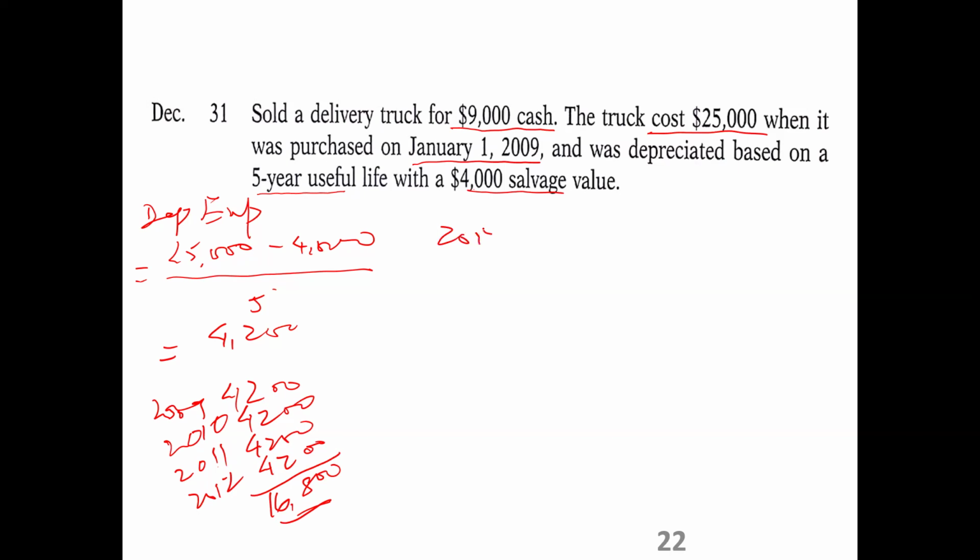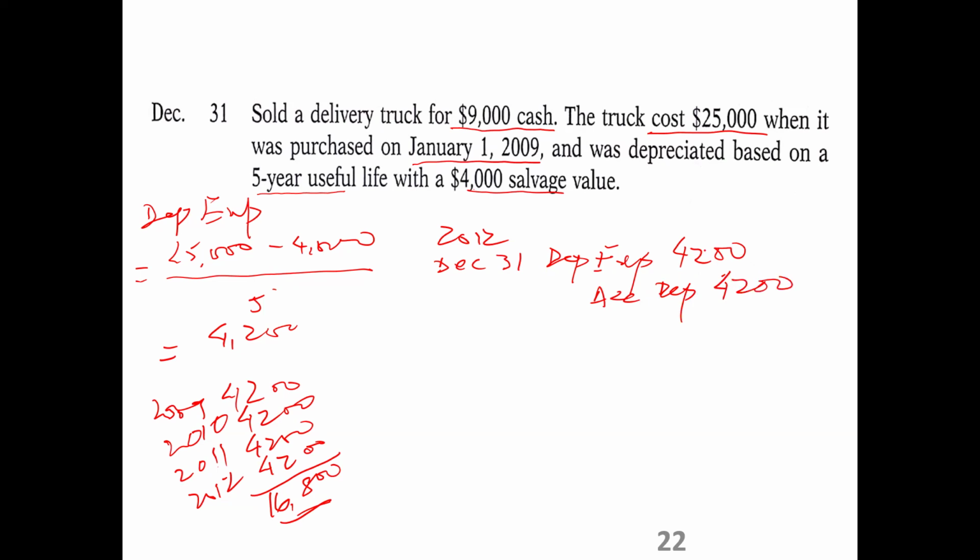But here, on 2012, December 31st, we'll have to record depreciation expense for the entire year, which is going to be 4,200, and we'll have an accumulated depreciation of 4,200.